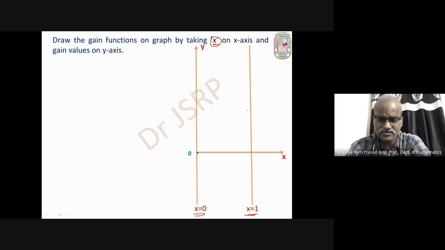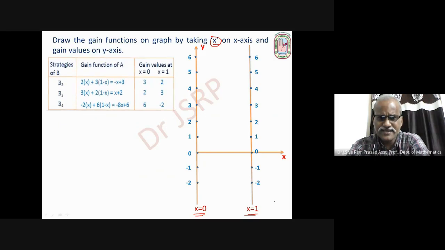Take 1 centimeter equal to 1 unit on both lines, on the x equals 0 line as well as on the x equal to 1 line. Okay. So by observing the gain values, the range is minus 2 to 6 for x0 and the range is the same, minus 2 to 6.